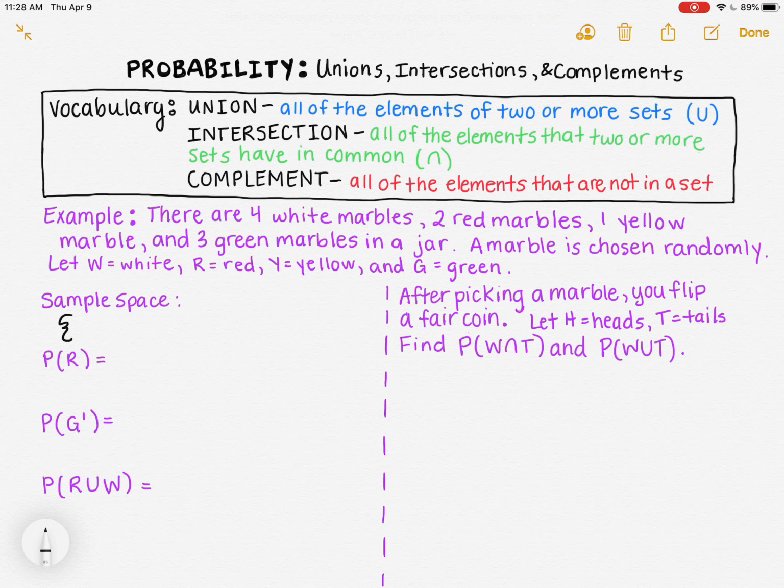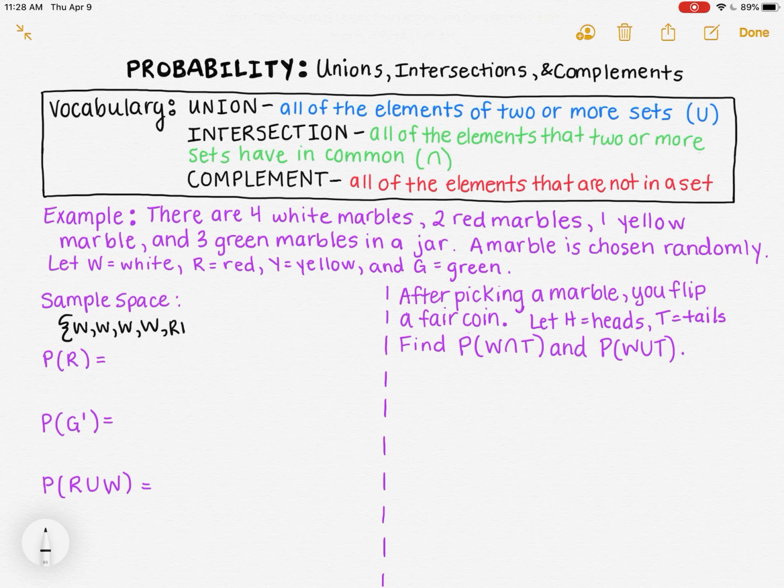So obviously I know there are 4 different colors I can get, but within each of those colors, I have a different amount of marbles. So I can't just list white, red, yellow, green as my sample space. I need to list the actual amount of different white, red, yellow, and green marbles I can pick. So for white, there are 4 white marbles. So I'm going to list W 4 times.